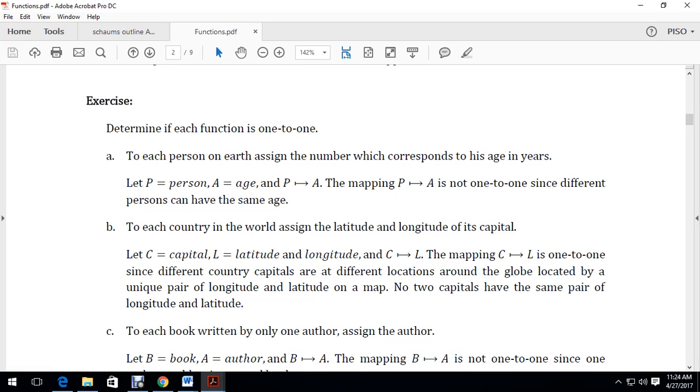Since different country capitals are at different locations around the globe, located by a unique pair of longitude and latitude on a map. No two capitals have the same pair of longitude and latitude. Therefore, the pairing between the unique capital of a country and its location, represented by the combination of numbers for the latitude and longitude, is unique. So the mapping from C to L qualifies as a one-to-one function.